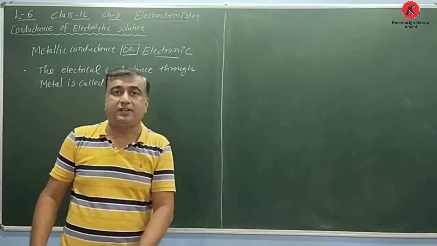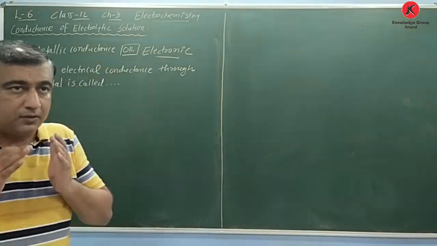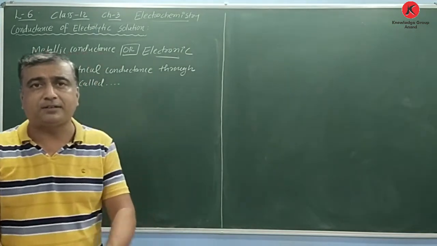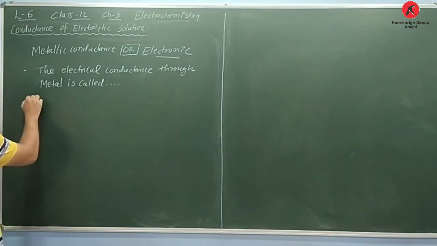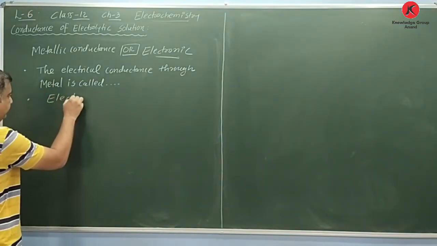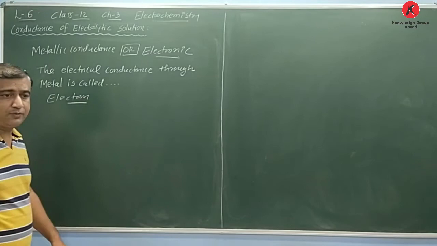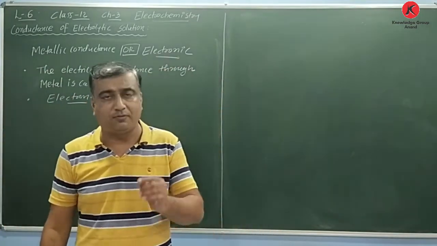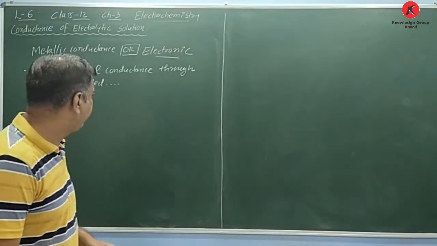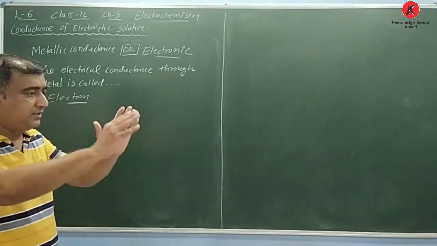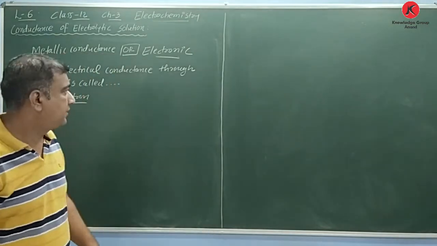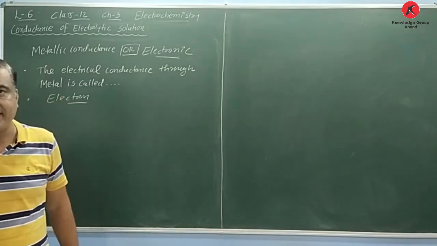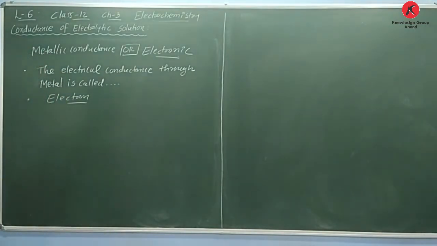Why is it known as electronic conductance? Because we know very well that in a metal, electricity is passed by means of electrons, called free electrons, otherwise mobile or delocalized electrons. Therefore it is known as electronic conductance.